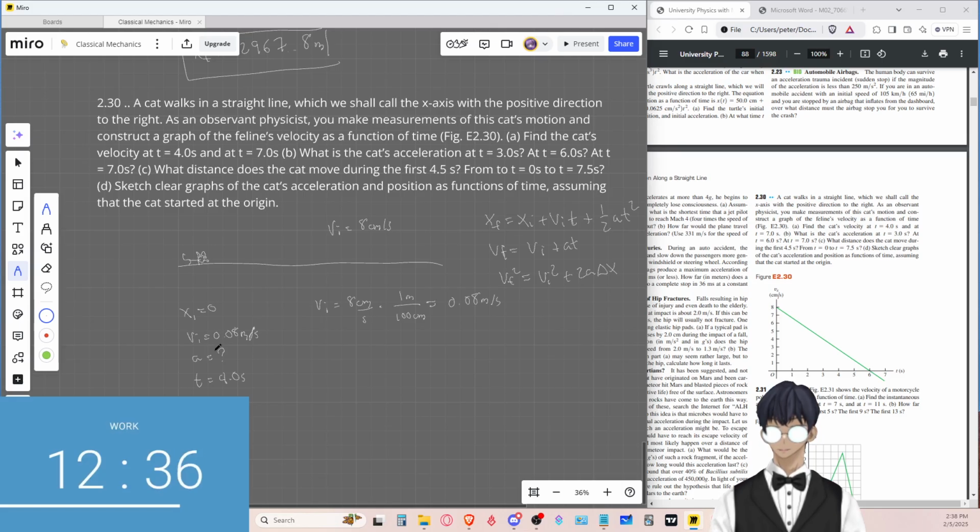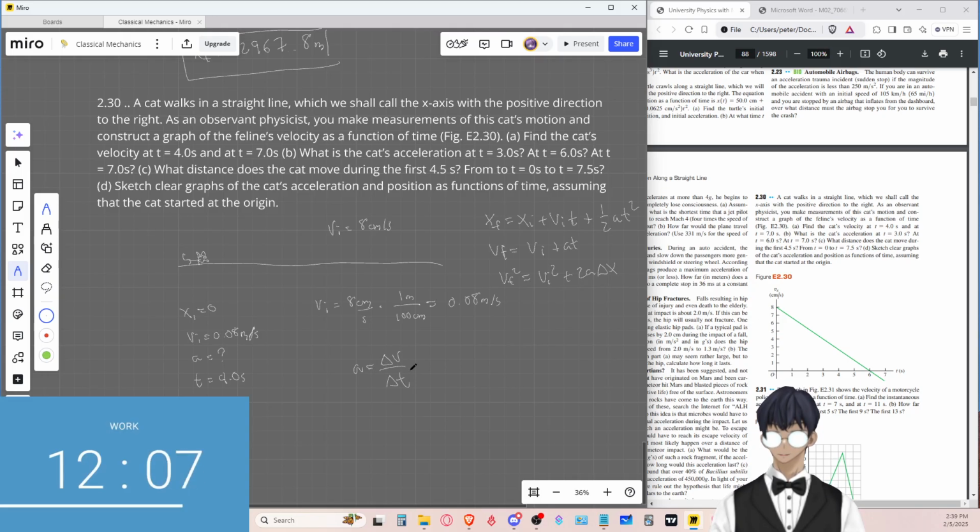Yeah, it's just we don't know the final position, and we don't know the final velocity. If we had any of those numbers, they would help. Let's think of acceleration actually, because the acceleration is supposed to be the difference in velocity over the time.